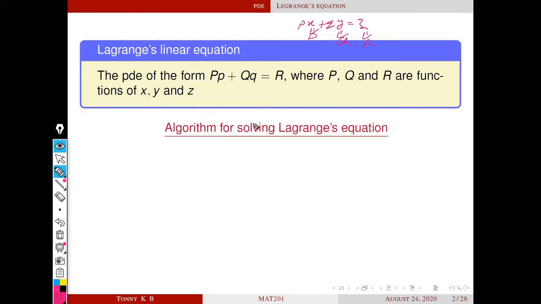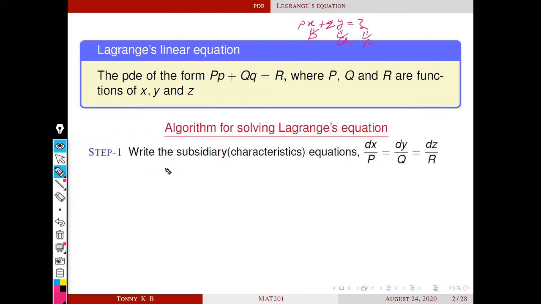Okay, next we are going to discuss the algorithm for solving Lagrange's equation. Step 1. Write the subsidiary equations or characteristic equations, which is dx by P equal to dy by Q equal to dz by R. Okay, they are capital P, Q, and R. For this example, here capital P is x and capital Q is y and capital R is z.